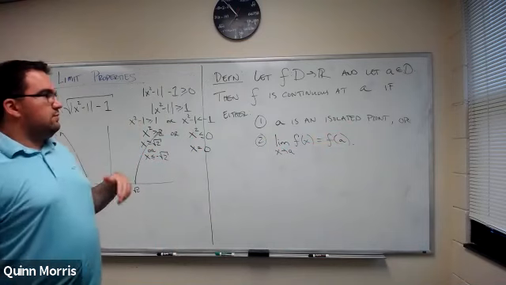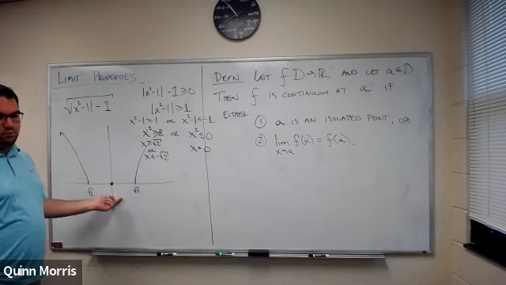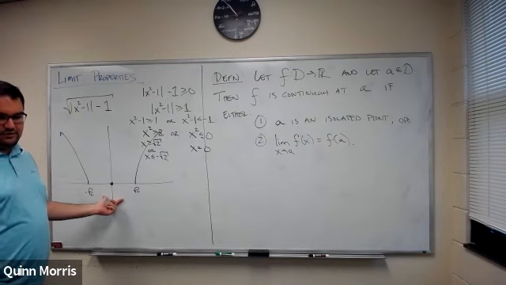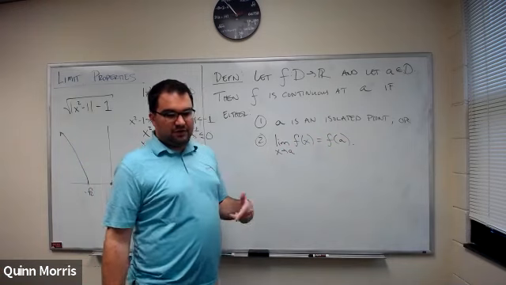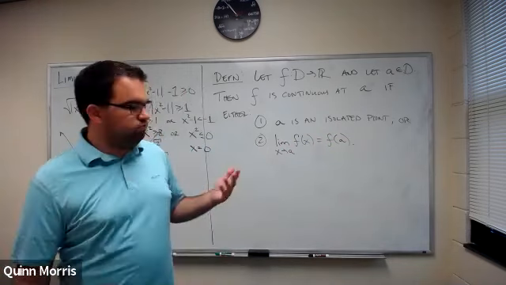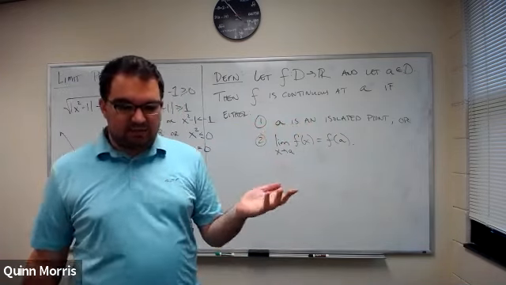So again, we have to modify our definition of continuity. Our definition of continuity from Calc 1 will not make any sense for this function. So we modify it, but that modification is a choice. A reasonable question to ask is, why not just say that at an isolated point it's discontinuous?